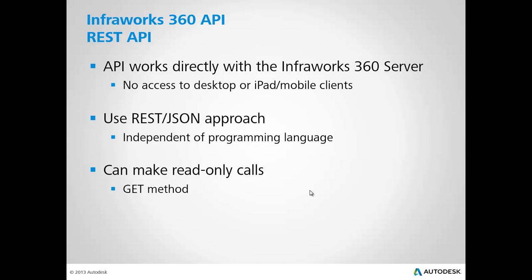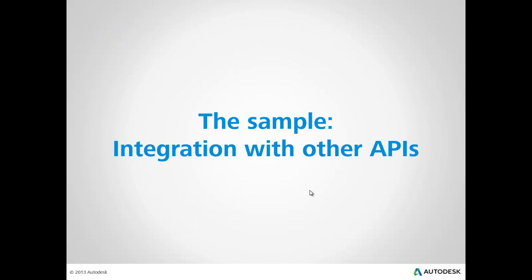The API works directly with the Infraworks 360 server. It uses a REST and JSON approach, which means it is independent of programming languages. Right now we can make read-only calls using the GET method. The main idea here is to show you a sample of how to integrate the REST API with other APIs.